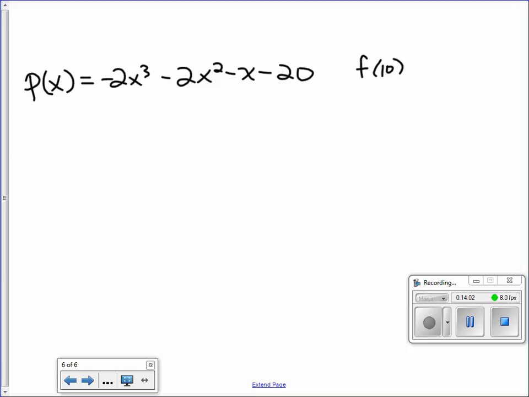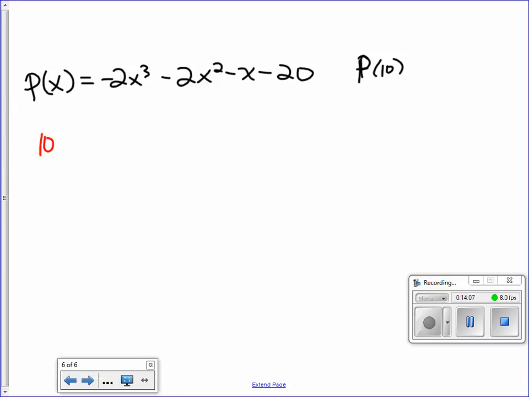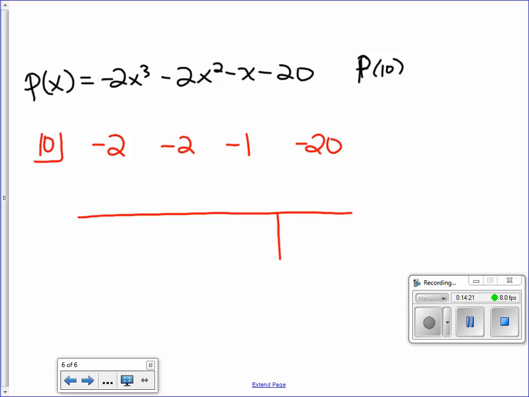There you go. I need a 10 here, a negative 2, 3, 2, 1. Okay, so I'm good on that. Another negative 2, a negative 1, and a negative 20. It's going to be negative 2, negative 20, negative 22, 220, negative 221.